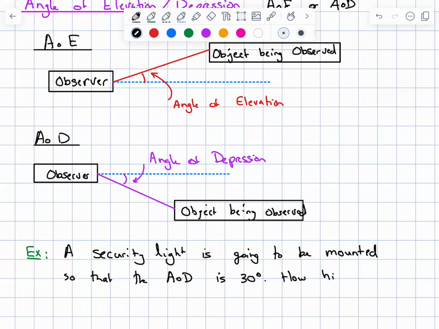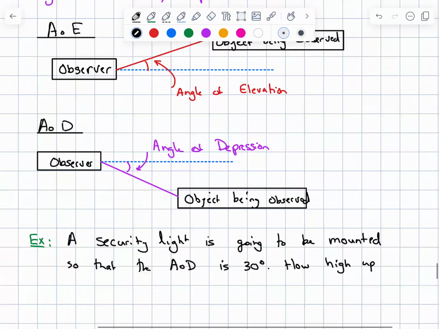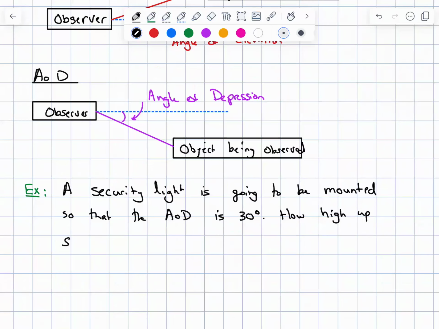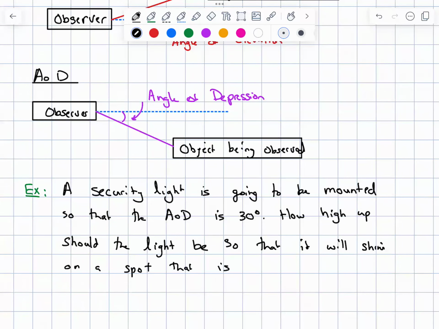How high up should the light be placed so that it will shine on a spot that is 20 feet from the base of the building?